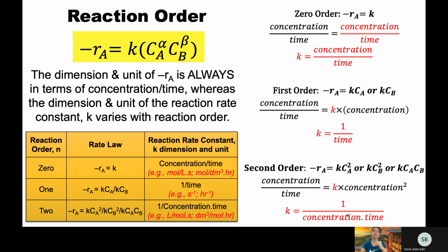Okay, so as I told you, reaction order does not depend on elementary or non-elementary. If elementary, it's fine, just look at the chemical equation and you know the reaction order. Meaning in the real reaction, it follows the chemical equation. But if it is a non-elementary rate law, it does not follow the chemical equation.